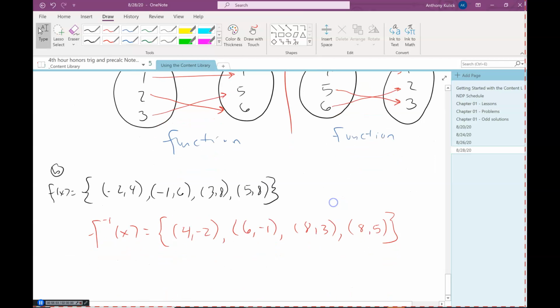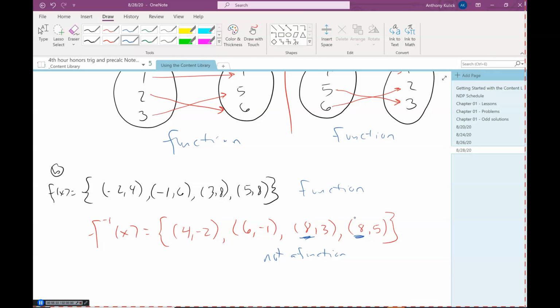Let's look at part B. F of x is a function here. Is the inverse a function? No, why not? The x value of 8 is going to two different locations, right?